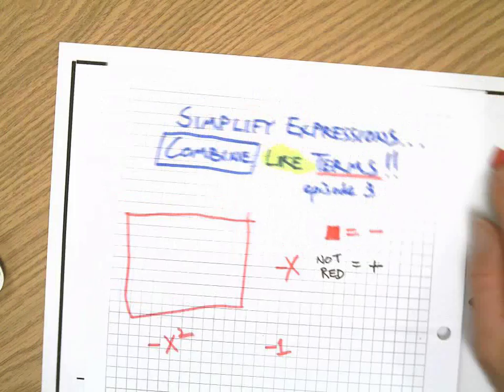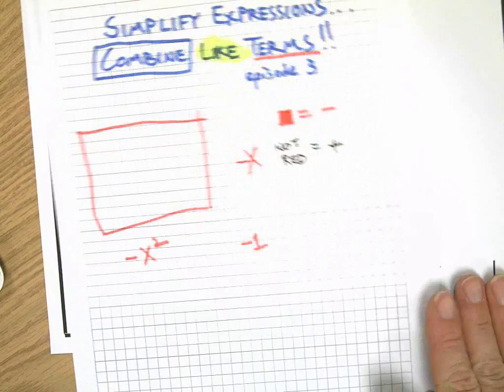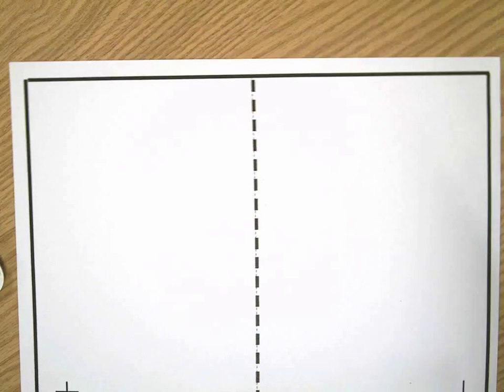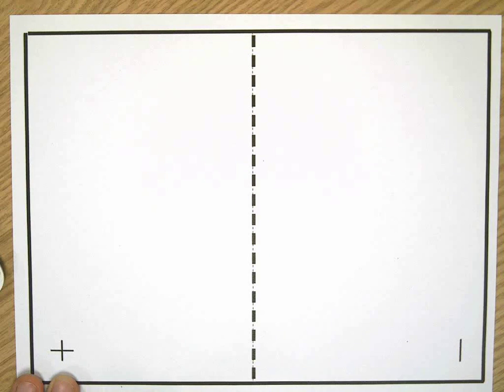Let's start with just an example here. This will be the hook that gets you into it. First of all, since we're using our tiles, I'm going to build an expression here.